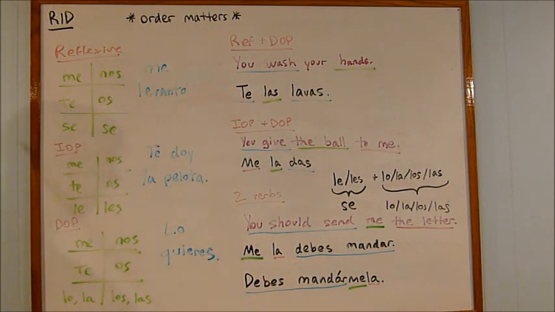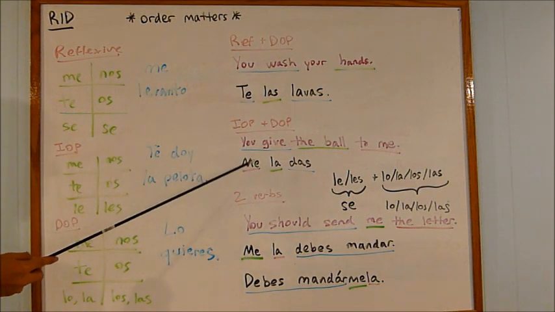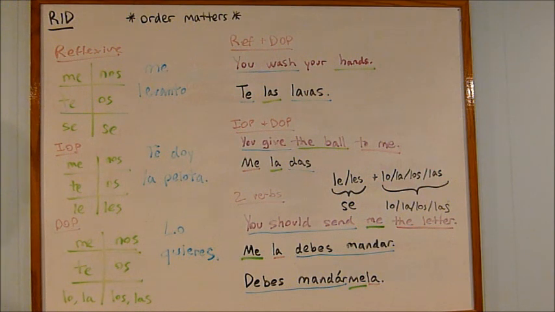And to me is the indirect object because you're indirectly affected, and to me is me. So when you put them in order, the indirect object goes before the direct object. So you have me la das, literally, you give it to me.